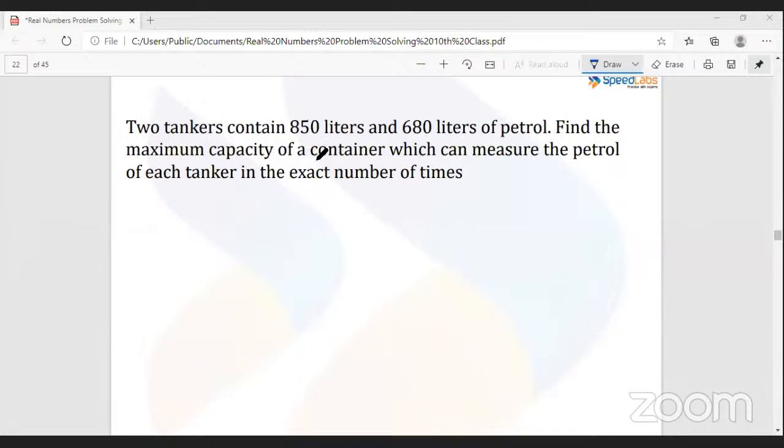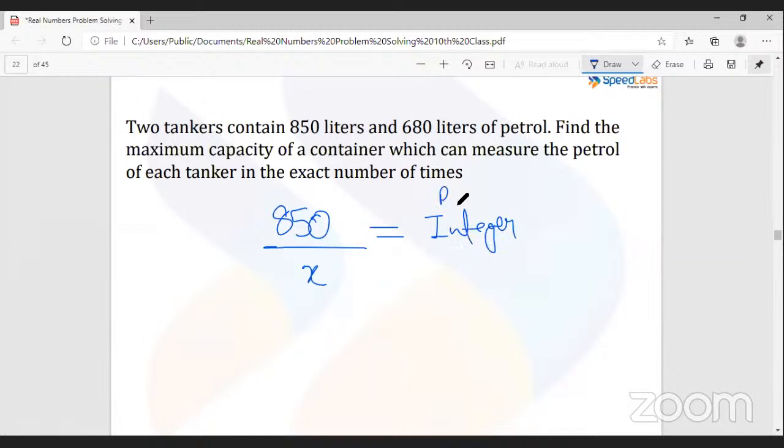we have to find the maximum capacity of a container which can measure the petrol of each tanker in the exact number of times. So what we have to do is find some number x which will measure it in the exact number of times. So a positive integer will come.